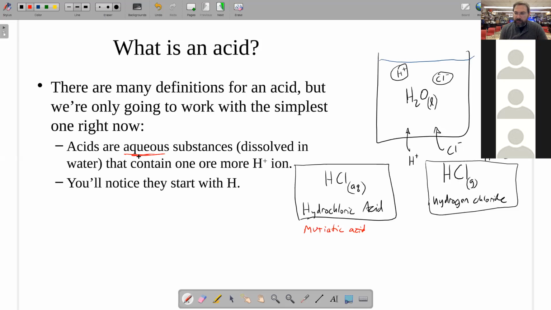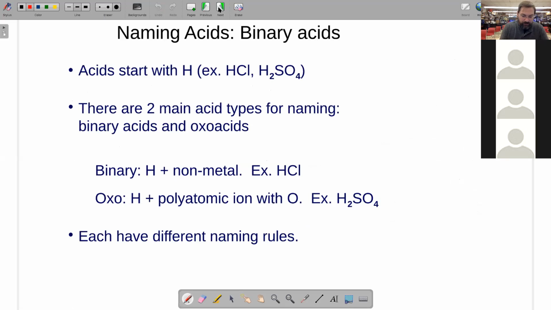We don't use aqueous much in our language, but the Spanish word for water is agua, and the ag is similar to the aq. Those letters at the beginning of words refer to liquids or water. Although aq and ag are not the same letter combination, when you see that combination at the beginning of words, it usually refers to water. So that's the basics about what an acid is.